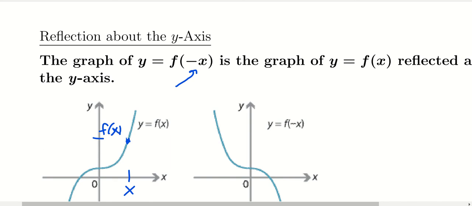If we substitute in and plug a negative into the function, or multiply the inside by a negative, then what's going to happen is that point that was located at this positive x value is now going to be located at the negative of it.